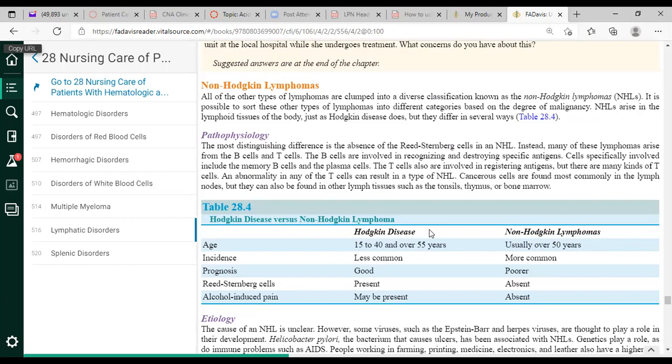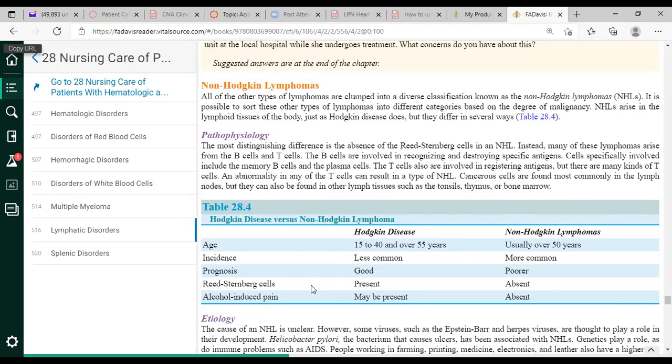And it actually gives you some comparisons between Hodgkin disease and non-Hodgkin lymphoma. And one of the key differences when looking at it, where it does tell you Hodgkin disease, more so for a younger population, as well as for those over 55, non-Hodgkin lymphoma is definitely for those over 50.